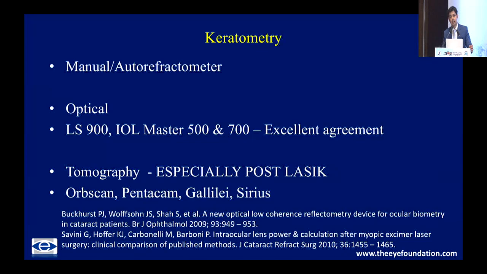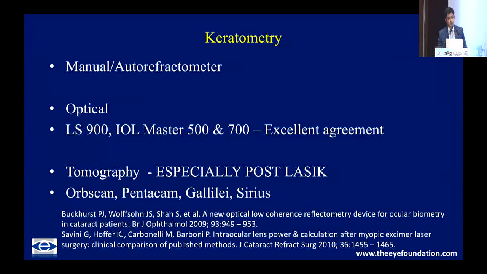So let us break it down into various components of biometry and how each of the devices compare. We'll start off with keratometry, which is possibly the most important variable as far as deciding or optimizing our outcomes with cataract surgery is concerned.